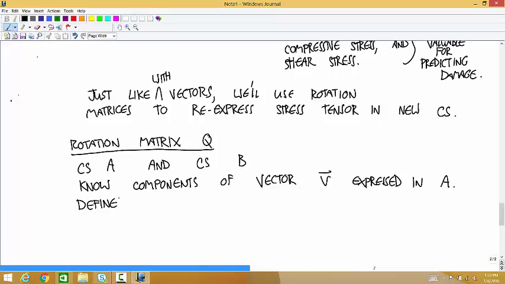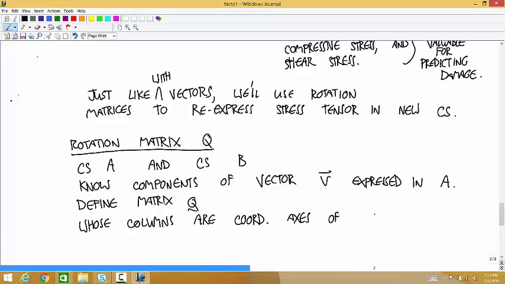Then define a matrix Q whose columns are the coordinate axes of A expressed in coordinate system B.